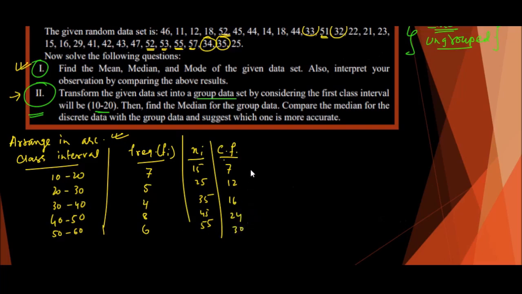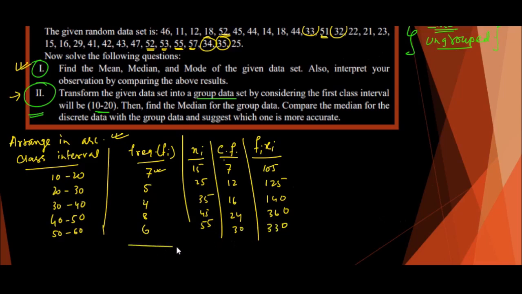Okay, so once you have this, next you can calculate fixi, because ultimately to find a mean, fixi is required. So if you just consider this is your fi value, xi value, calculate this. 7 into 15 is 105, then 5 into 25 is 125, then 140, then 360, then 55 into 6 is 330.